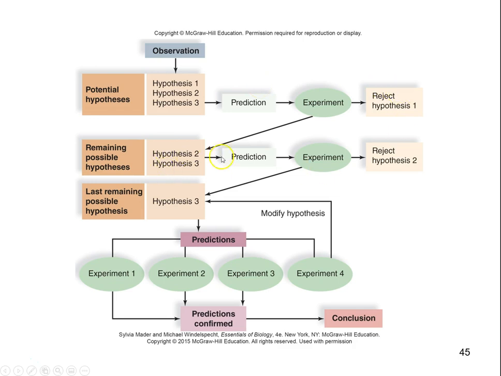All right, now you've got 2 hypotheses remaining. You come up with a prediction for one of those, do the experiment. Based on that experiment, maybe now you reject hypothesis 2, and now you're moving on to 3. And then again, you have some predictions from that, several experiments that were carried out, and then you basically confirmed some of your predictions. In this case, you'll draw some sort of conclusion, right? And then maybe publish that, okay?